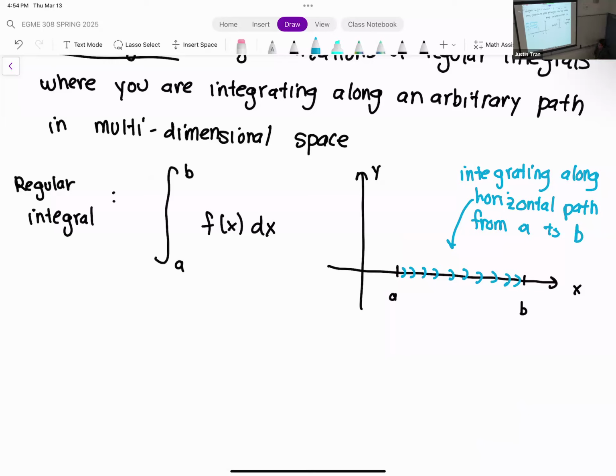Usually we don't think of it in these terms, because we're focused on just the function itself. But if you look at the path, it's really just a horizontal path along the x-axis from A to B.